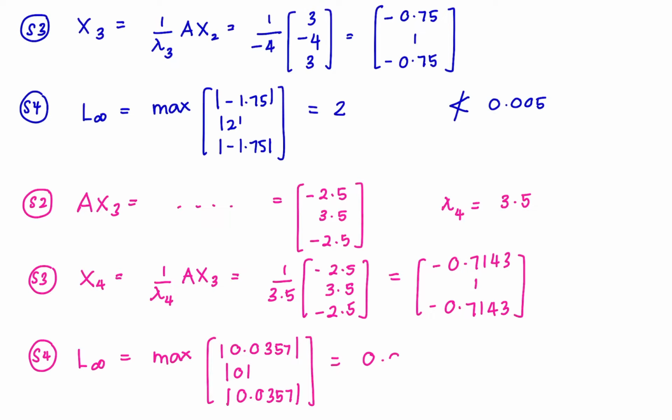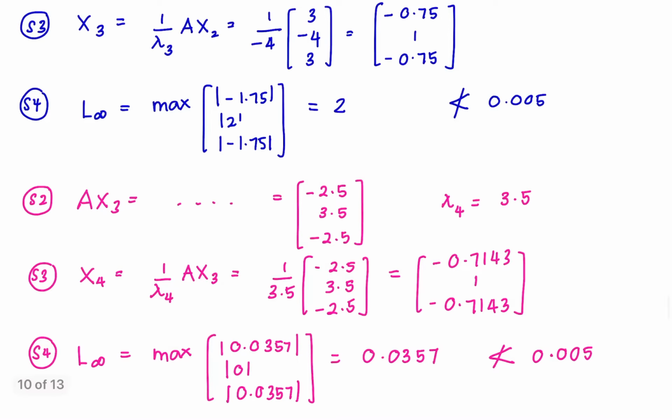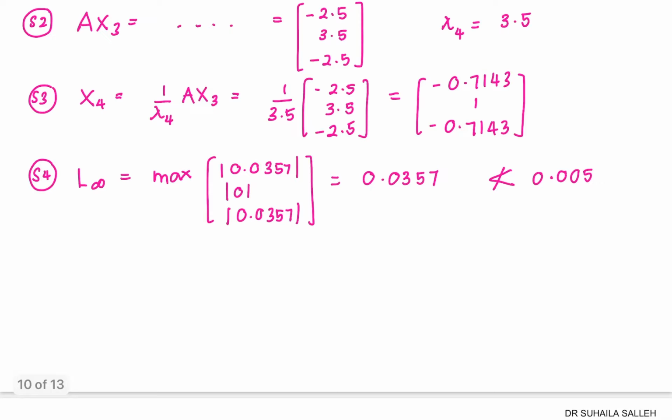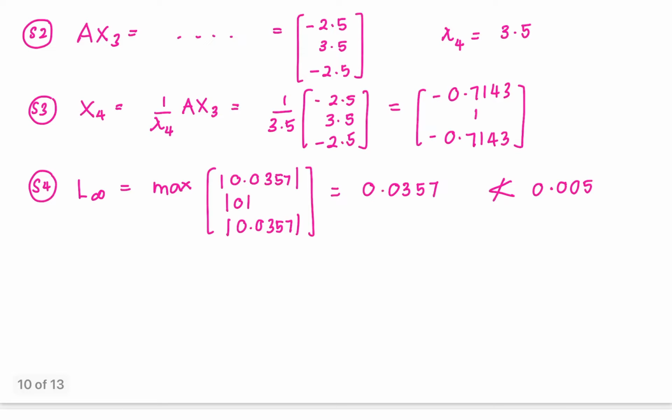So that is going to be 0.0357. Now the L infinity is getting smaller. Okay, so that's a good sign, but still this is not less than 0.005. Okay, bear with me. Okay, let's do another step.